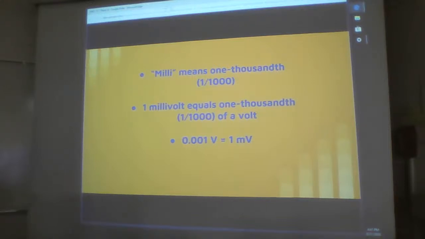Milli, like we said, means 1,000th, 1 over 1,000. The symbol for that is a lowercase m. 1 millivolt equals 1 over 1,000 of a volt. Also it can be written as 0.001 volt equals 1 millivolt.